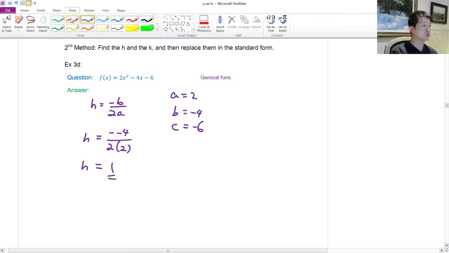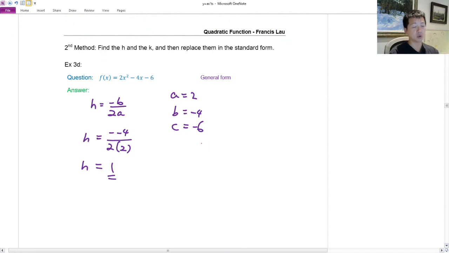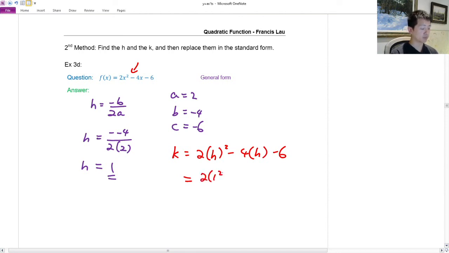Now that my h equals 1, I don't need to remember the other equation because I'm going to substitute into the equation. So my k is going to be 2 times, so I'm just using the original function, 2 times x squared minus 4x minus 6. Then my x is my h, so then my y is my k, okay? Now, what is h? h is 1 squared minus 4 times 1 minus 6.